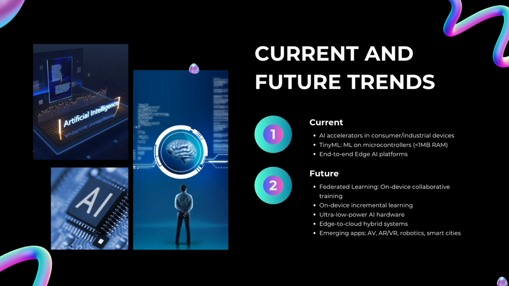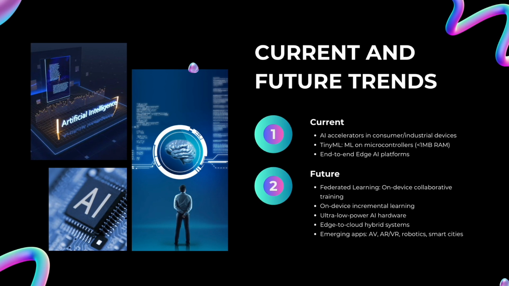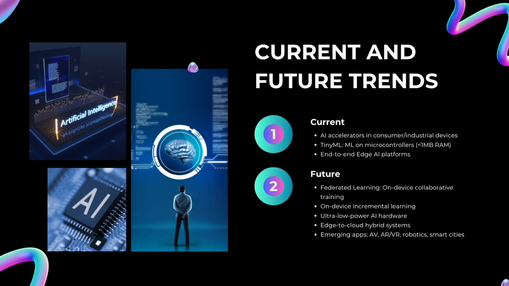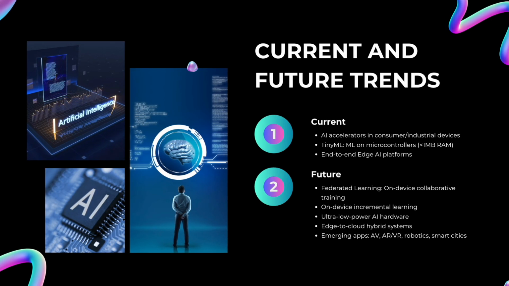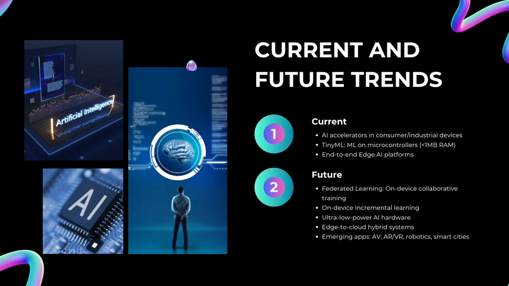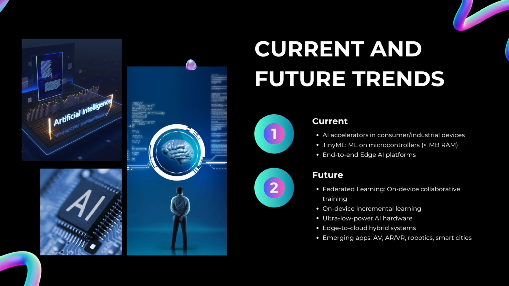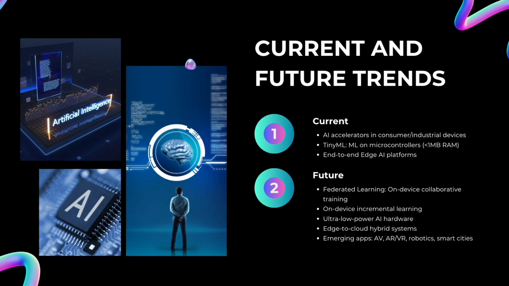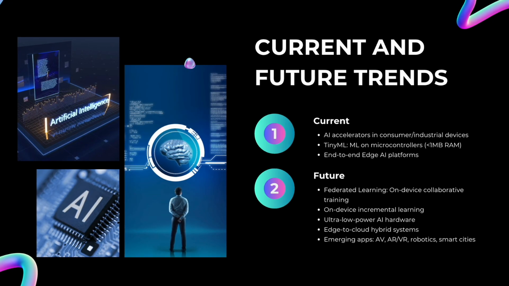Also, there are end-to-end platforms like Edge Impulse that simplify data collection, training, and deployment for edge devices. And for future trends, there is federated learning: devices collaboratively train models without sharing raw data, improving privacy and personalization. On-device training: not just inference, but incremental learning on the edge.